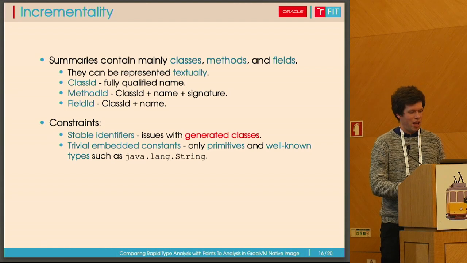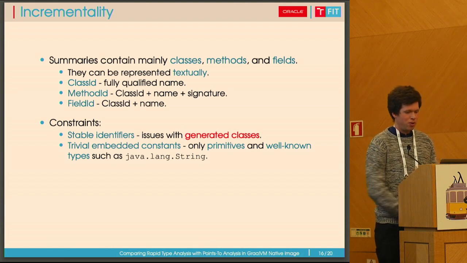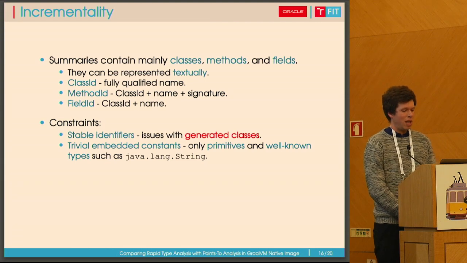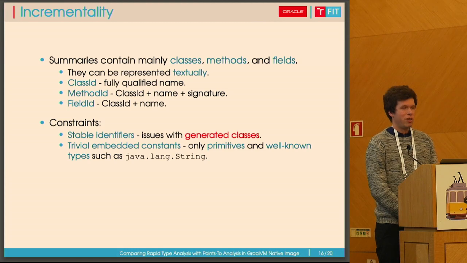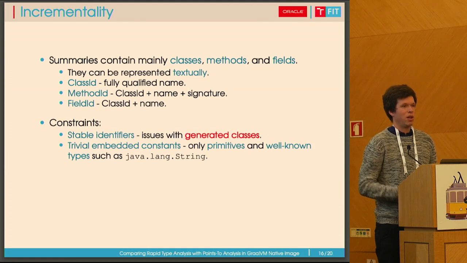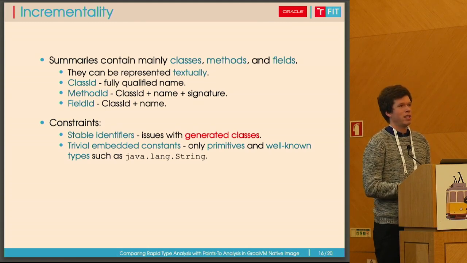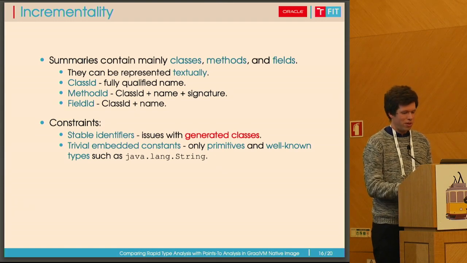Then, at the moment, we only support so-called trivial embedded constants, meaning primitives or well-known types, such as java.lang.String, because we know that traversing, let's say, the transitive closure of all the objects starting from a string will always give us the same set of instantiated types. So it's not necessary to consider them in the summary.